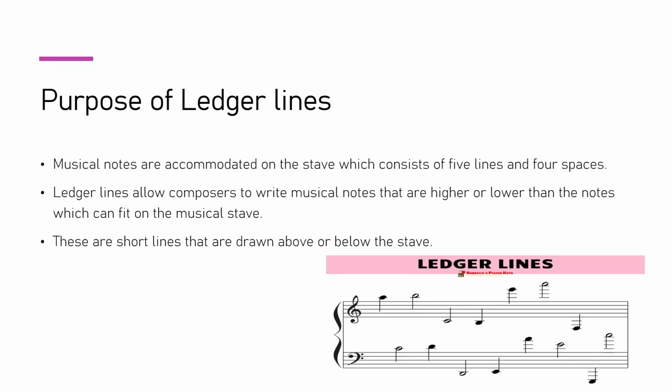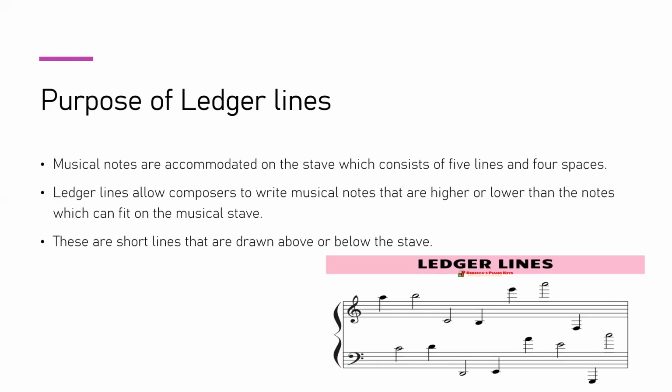But we have instances where some notes go beyond the confine of these 5 lines and 4 spaces, going outside either below or above the stave. And that is where we have the introduction of ledger lines.